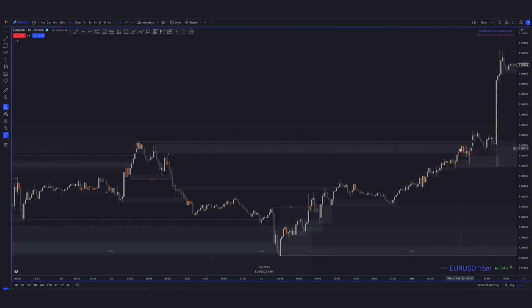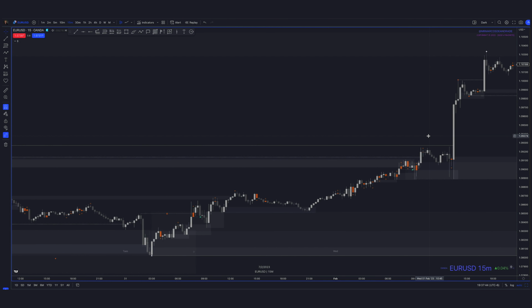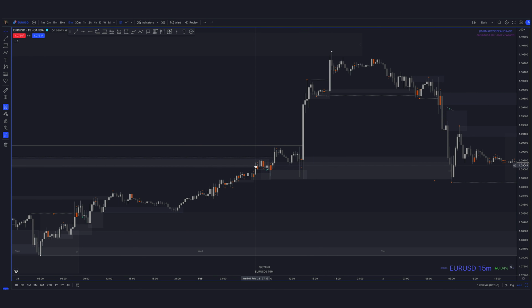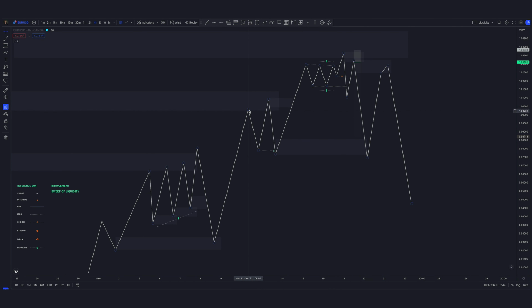But later on, you can see that this induced area had a reaction there. So let's go there now. We can see here we had a push, a pullback, another example. Remember here, guys, I was telling you, push, pullback, push. Instead of being a CHoCH, it was just a sweep, okay?